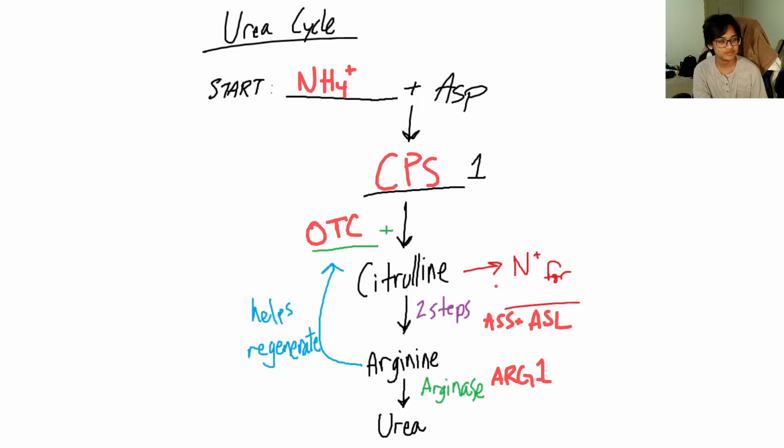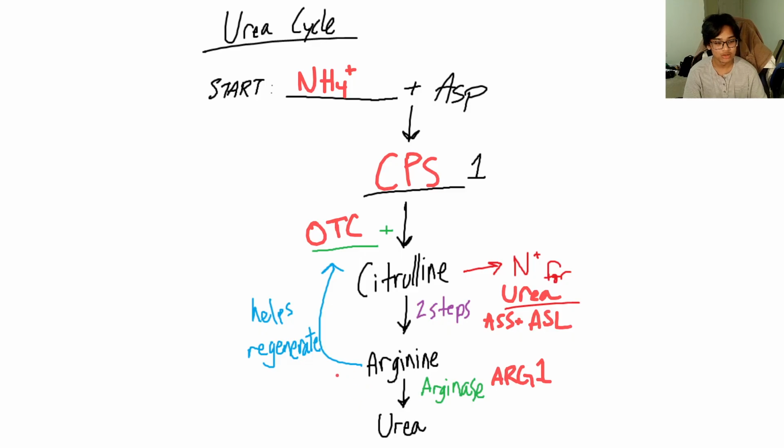This is basically that really big diagram. I don't know if he put a picture, but I've just slimmed it down, right? This is how I understand it. You start with CPS, and then to get to citrulline, you need OTC, and then through these two other steps that kind of take off the nitrogen to make urea, you get to arginine, and arginine gets broken down into urea via arginase.